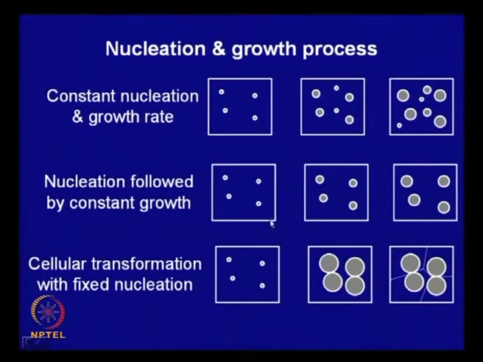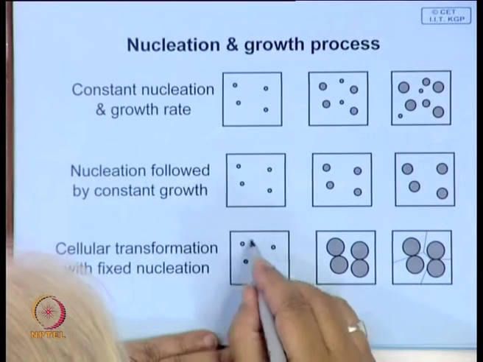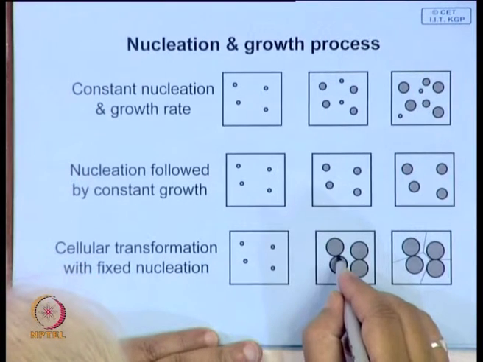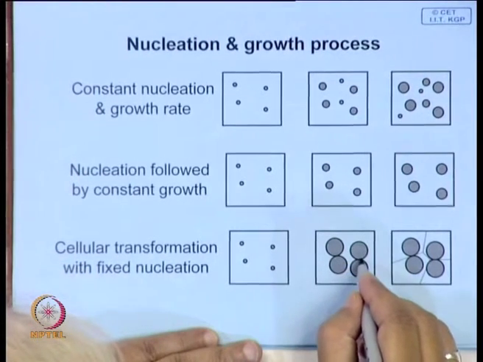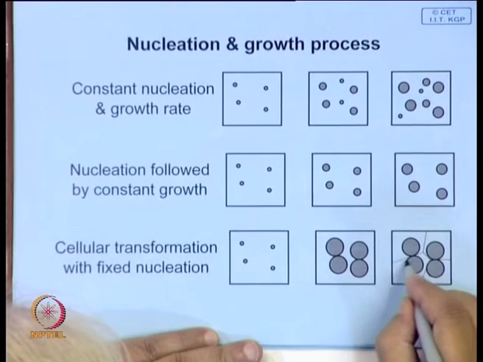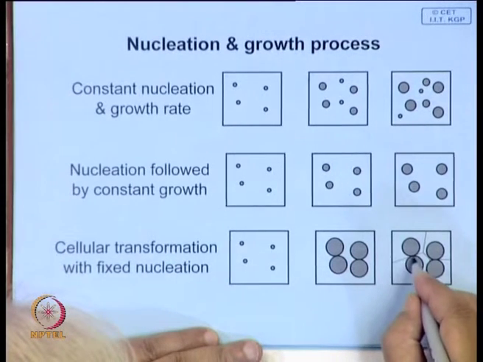So, this is that kind of a process, and finally, towards the end, in both cases, you will come up with a situation when these keep growing, and ultimately the transformation will also depend on this impingement factor. Suppose these are growing, then a stage will come when they start touching. So, growth in this direction is inhibited.